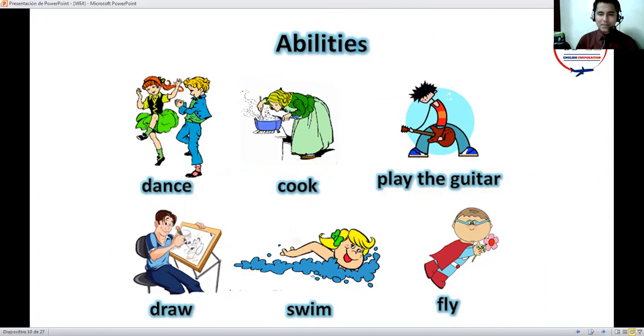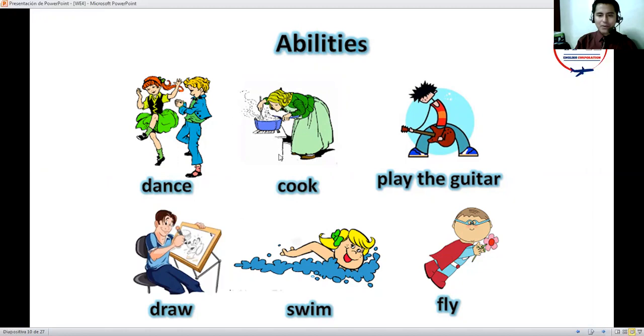In some cases, just some of us can do them, not all of us. For example, some of us can dance, cook, play the guitar, draw, swim, and fly, no? This is not possible for people, but it is an ability for animals, for birds, for example.